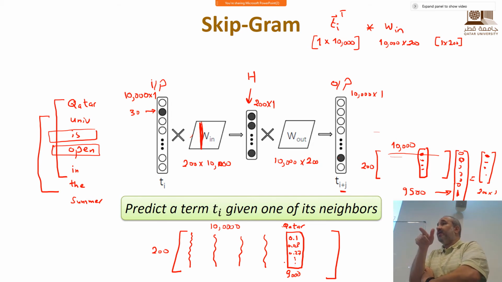Which is which? What is the level? I don't understand. Where is the level here? We are not using any threshold here. You are talking about something like a threshold, right? I don't get what you mean. If you are talking about which column belongs to Qatar and which column belongs to university, that's another question. Is that your question?